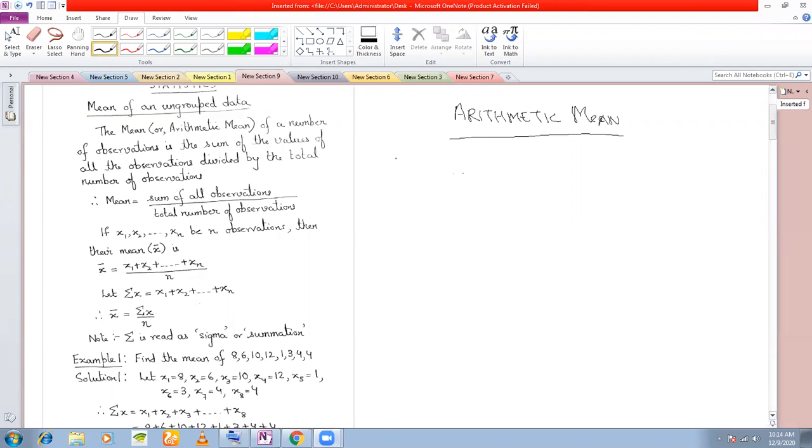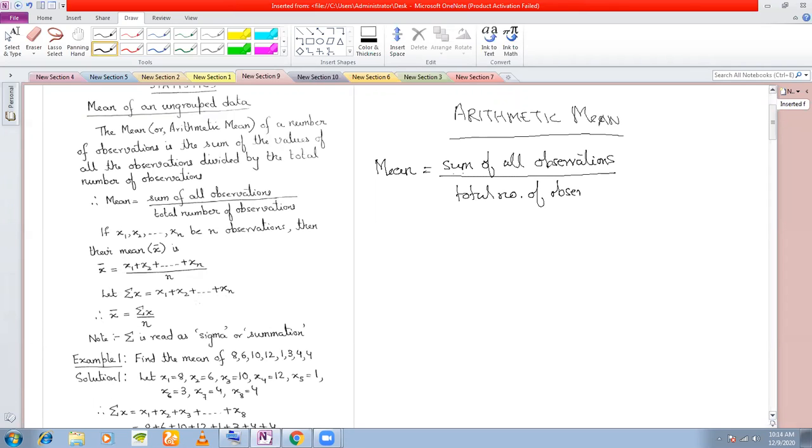So therefore, the formula for mean is equal to sum of all the observations divided by total number of observations.